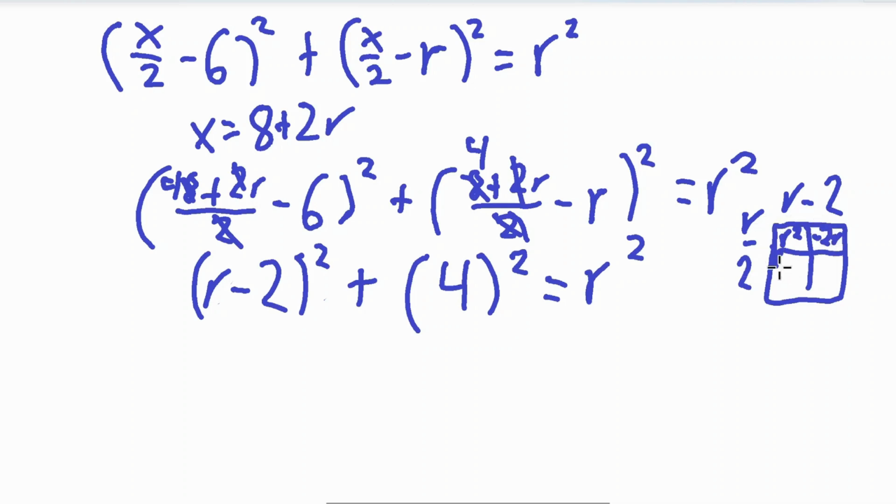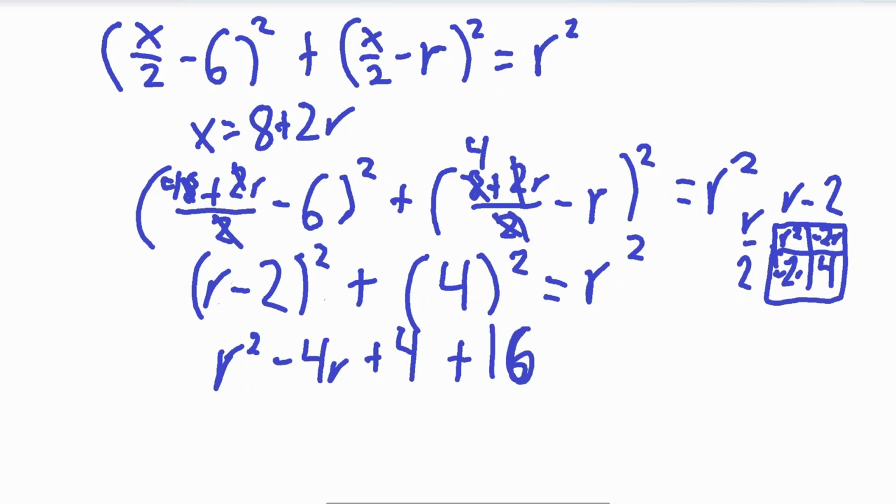Negative 2 times r is also negative 2r. And negative 2 times negative 2 is 4. So our (r minus 2) squared turns into r squared minus 4r plus 4, plus 4 squared, which is 16, is equal to r squared.